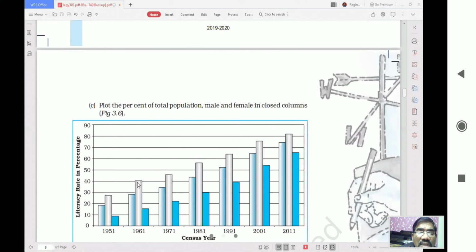For males 40, and then again for males, if it has increased till this point, then if you can see, it has reached 80% for males. That's quite a good improvement. Even for females, if you see, there's a phenomenal increase. So that is the advantage of a bar diagram, that in a bar diagram and multiple bar diagram, we can see the difference and overall increase also.